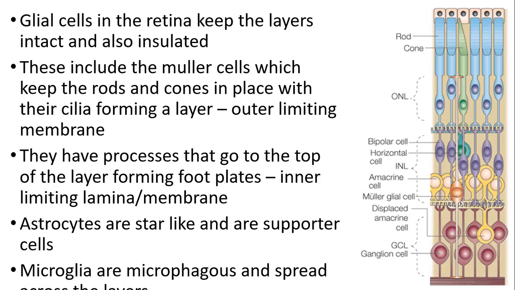There are processes that go to the top of the layer forming foot plates, the inner limiting membrane. There are also astrocytes, which are star-like and supporting cells. If you go back to when you learned in anatomy, probably in an introduction to cell physiology, before you started learning about the tissues, I'm sure you did talk about what astrocytes are and what they do. We also talked about microglia and macrophages, which spread through the layers.